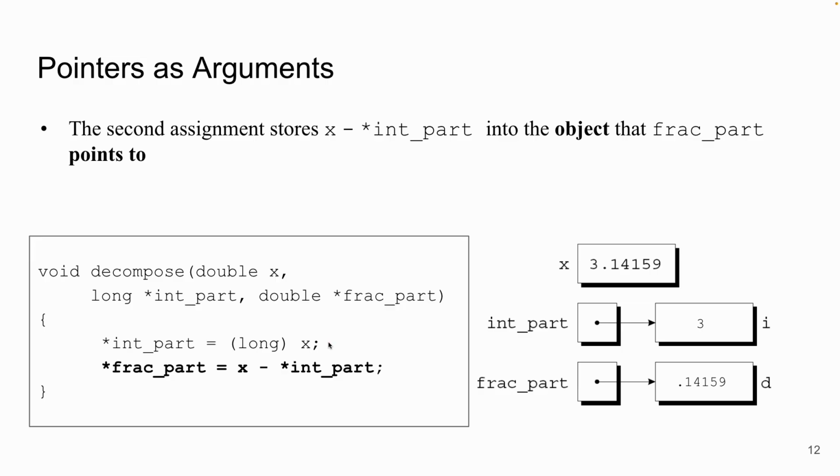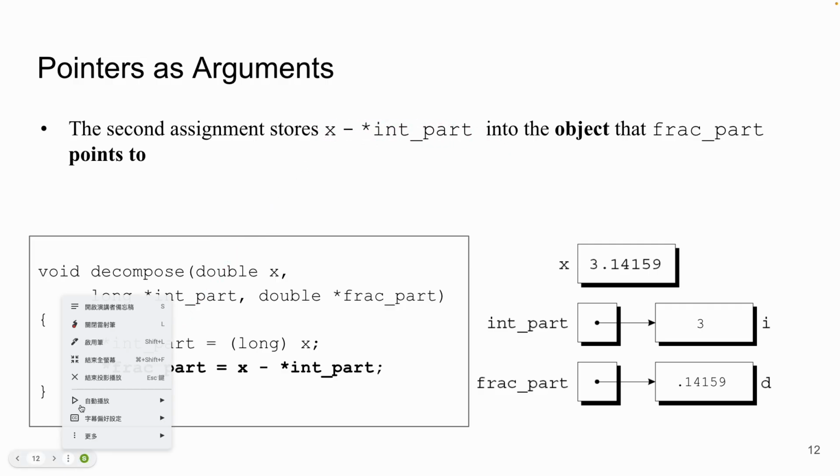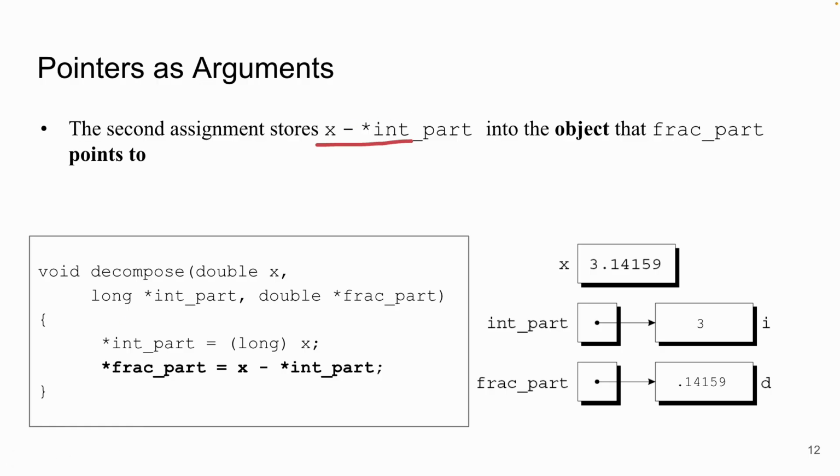So let's check out the second statement. What the second statement wants to do is to store the return value of this expression, the expression over here, this is the entire expression. We want to assign the return value of this expression to here. And we know if we see the indirection operator applied on a pointer variable, what we want to do is get the object that this pointer variable points to.